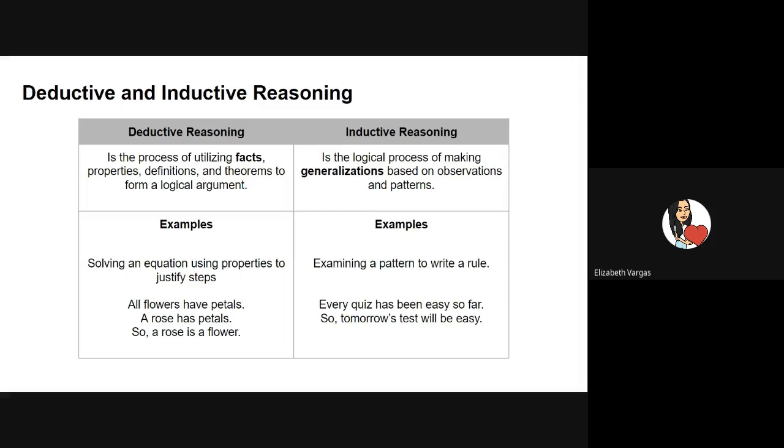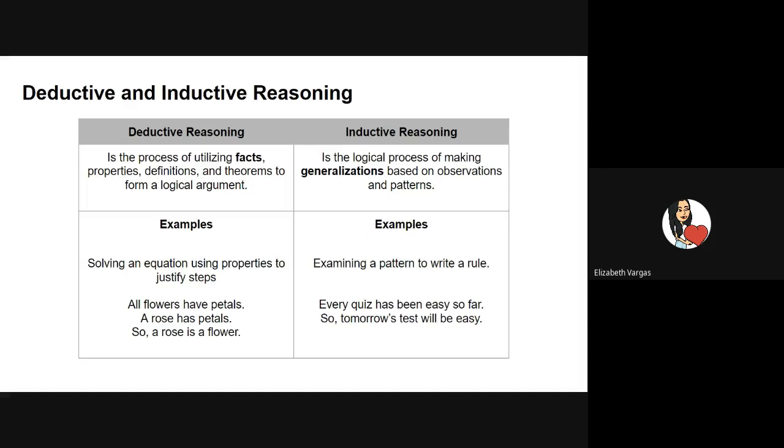We also have what is known as inductive reasoning. Inductive reasoning is a logical process of making generalizations based on observations and patterns. They haven't necessarily been proven, but based on the patterns that we've seen, we make that reasoning.